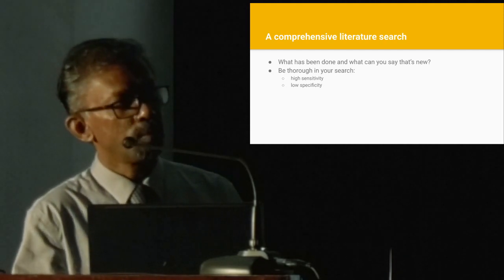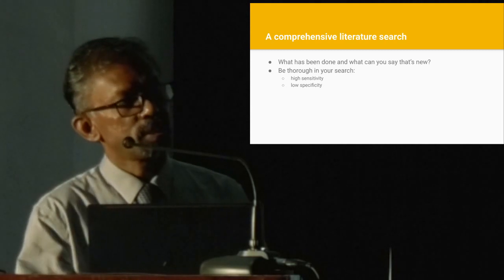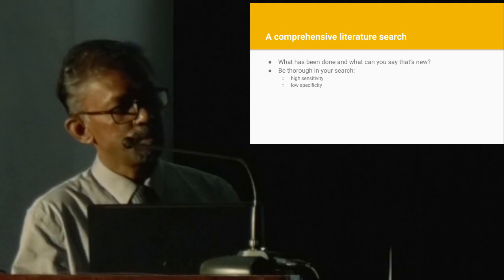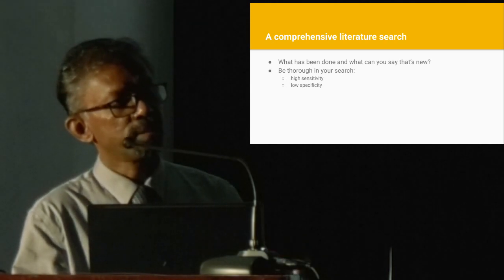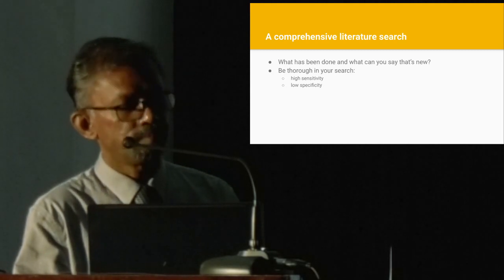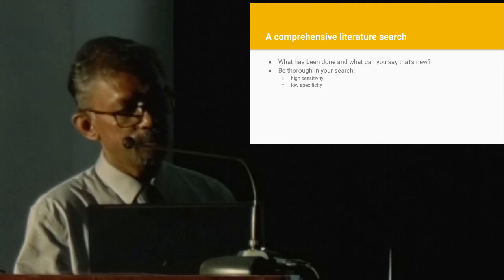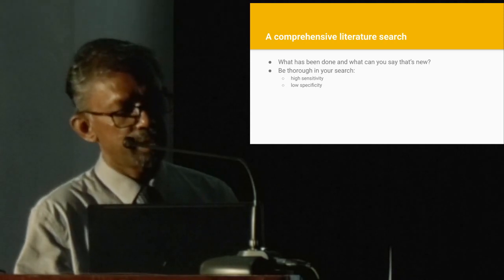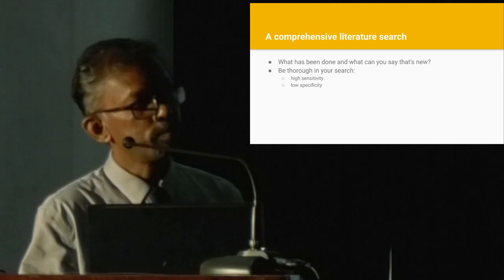That means we will have to use keywords with a broader meaning, or broadly used keywords also, to ensure that we have a wide enough coverage. So these are the issues actually that we face when we do a literature survey, and need to keep that in mind.